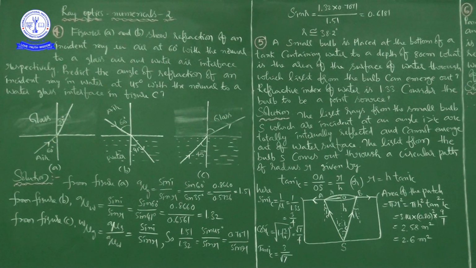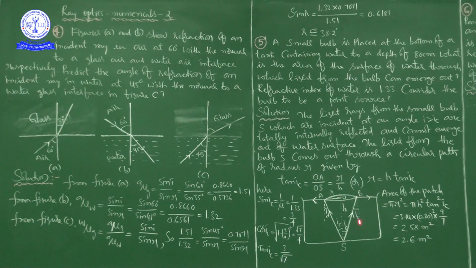So please concentrate here. First they state the setup, and afterwards they ask us to find something. A small bulb is placed, you can see this picture, this is the place of the bulb, at the bottom of a tank containing water to a depth of 80 centimeters.